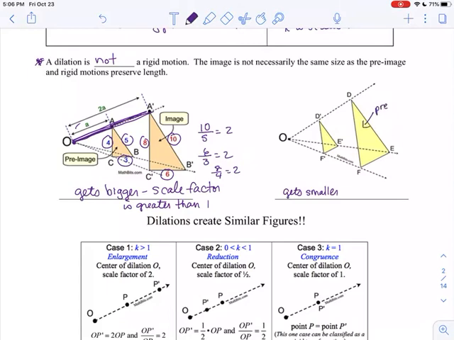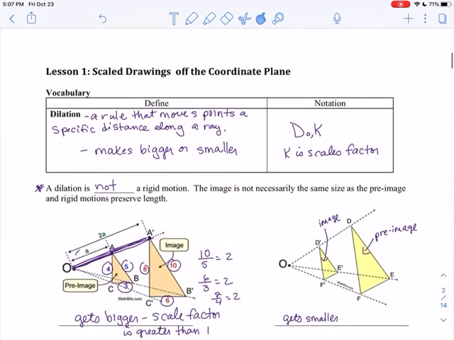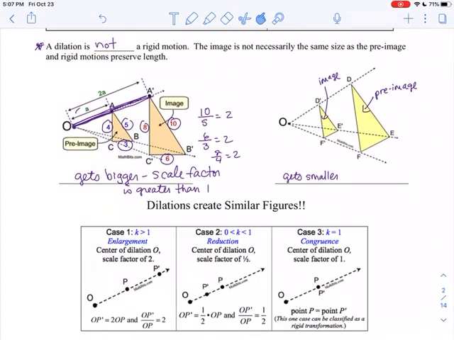Now this one on the right, I don't have it labeled as much, but it's getting smaller. How do I know it's getting smaller? Because this right here is the pre-image, that's the original, and the one with the primes is my image. So it gets smaller. The only way I can get smaller is if my scale factor is a number between 0 and 1.